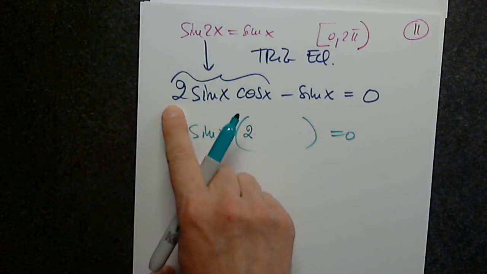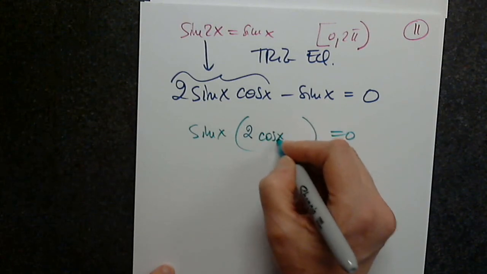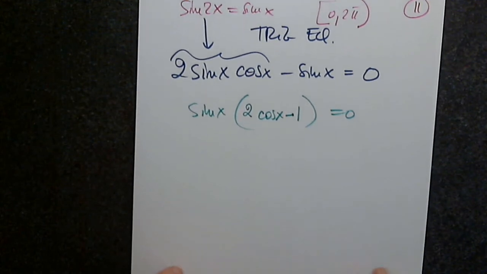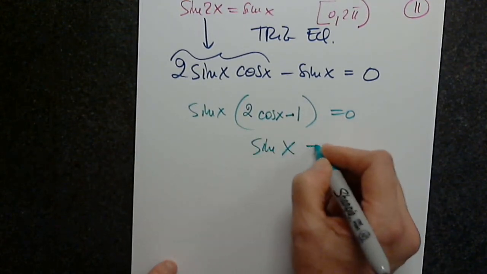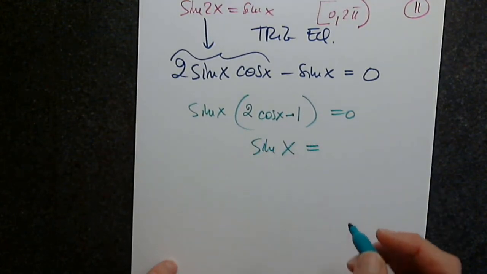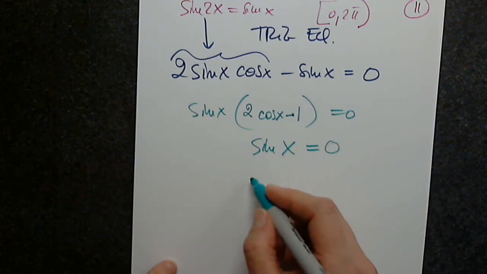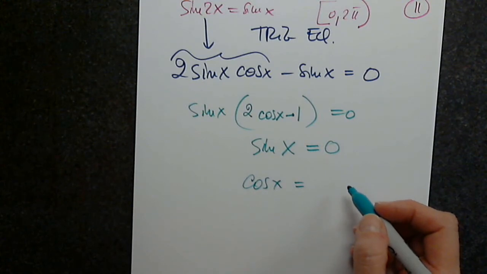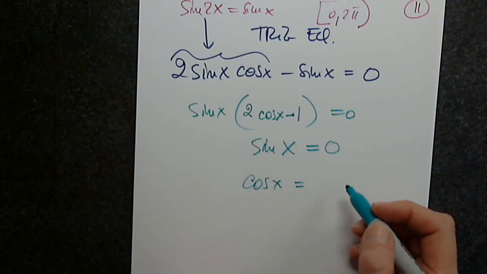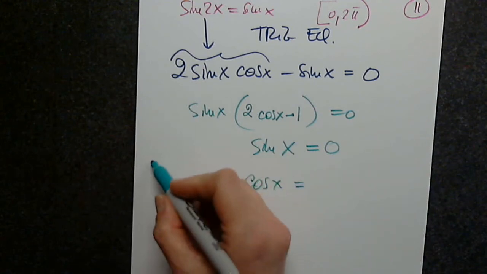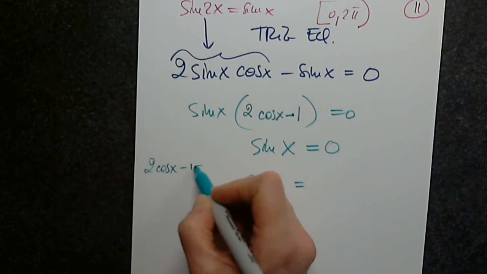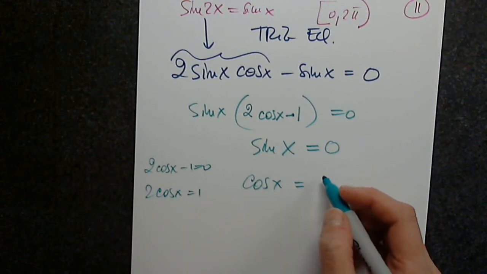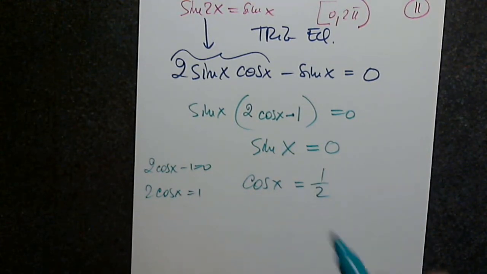So then what is left in parentheses? There is a 2 cosine x minus 1. Excellent. So then we have two options. One for sine x to be 0, and the other one for cosine x to be... 2 cosine x minus 1 equals 0, 2 cosine x equals 1, so then cosine x equals 1/2.